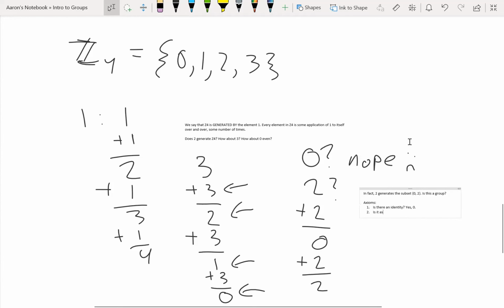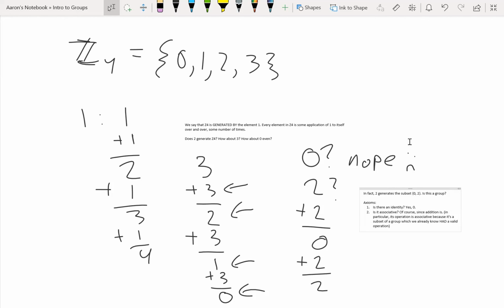Is it associative? Of course, since addition is. The operation is associative because it's a subset of a group which we already know had a valid operation.